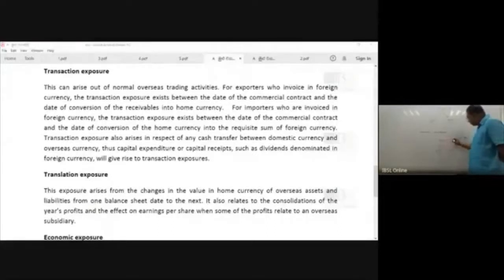So the applicant will open a revolving letter of credit for $10,000, for January, February, March, April. That means $40,000 he has to open.